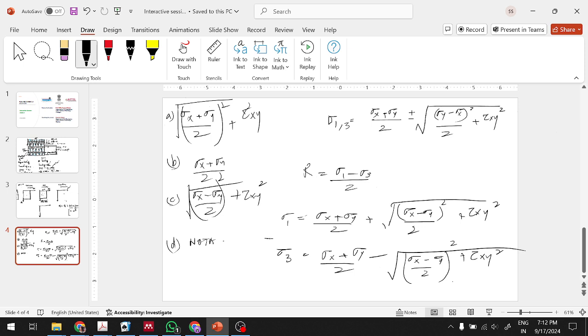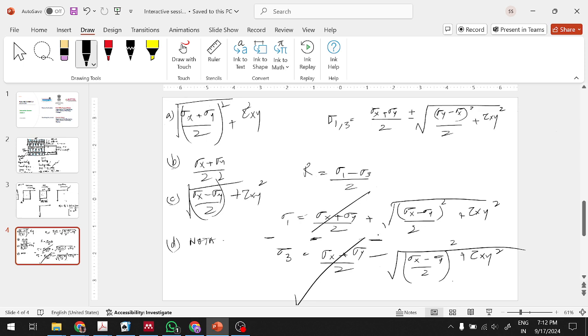We will subtract this. This will go, and this will be minus minus plus. We will get sigma 1 minus sigma 3 equals 2 times square root of ((sigma x minus sigma y) square over 2 plus tau xy square), isn't it?